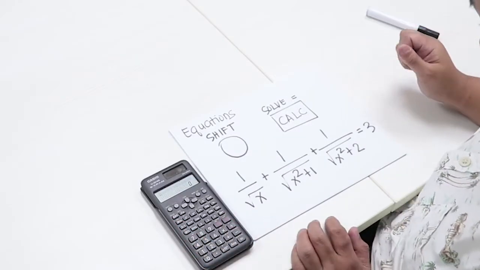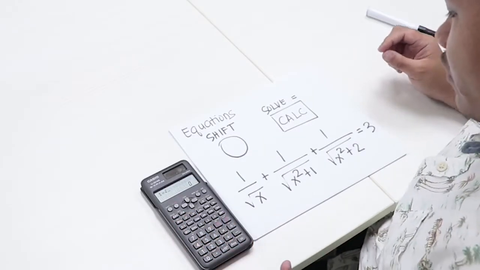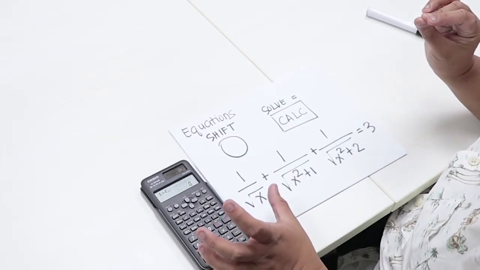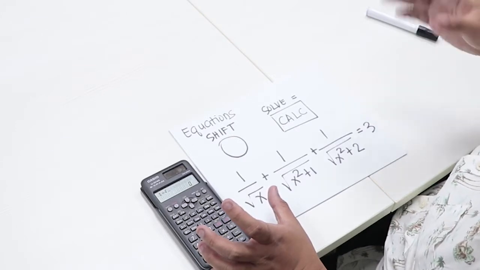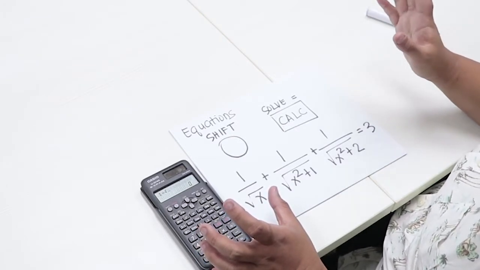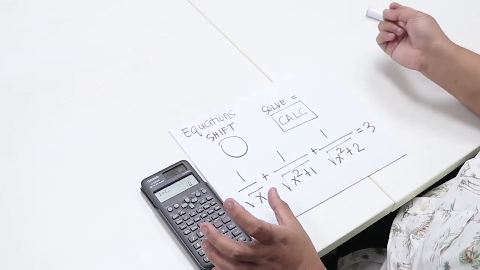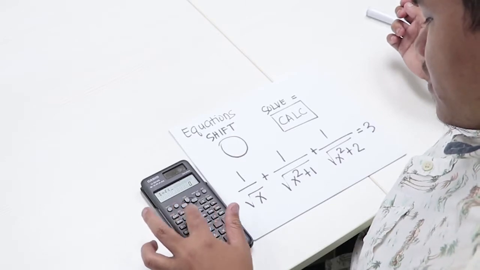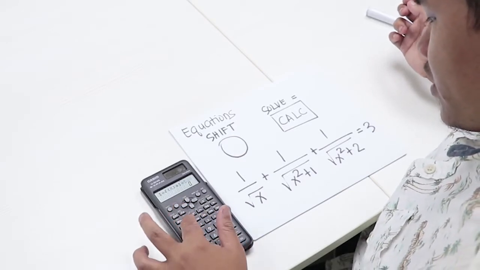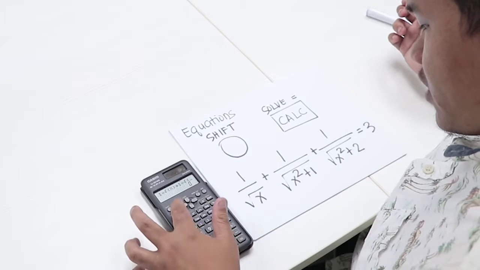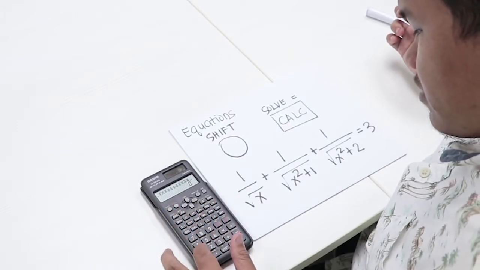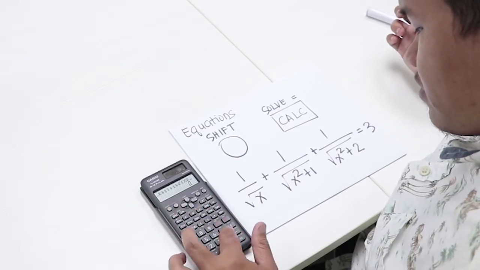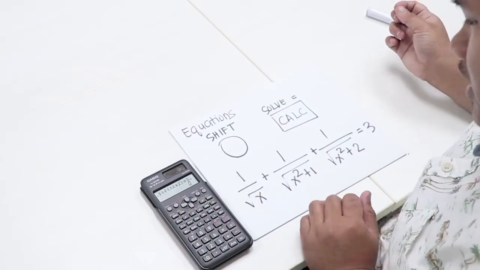So let's input again. I'm sure from the previous video, na-practice nyo na to, na-experiment nyo na yung mga keypads natin, and you have mastered yung paglalagay ng grouping symbols, pag-master sa calculation priority sequence. So let's input now. So square root of x plus 1 over square root of x squared plus 1 plus 1 over square root of x squared plus 2 equals 3.